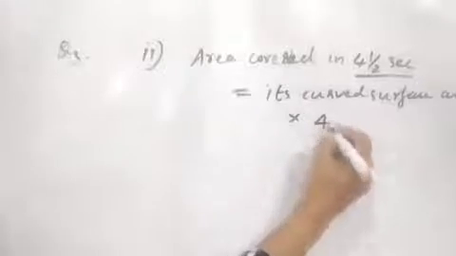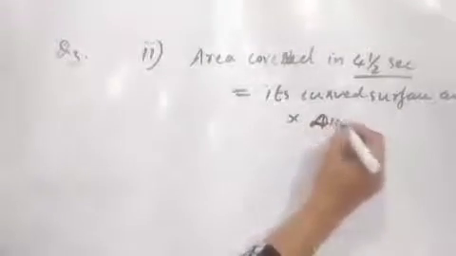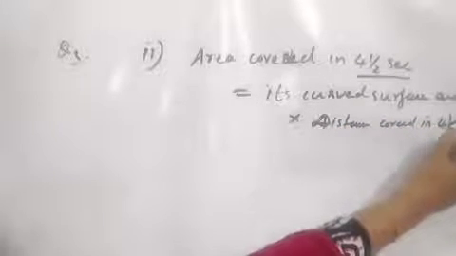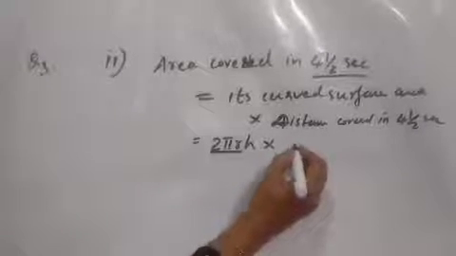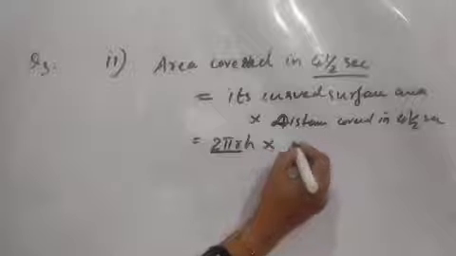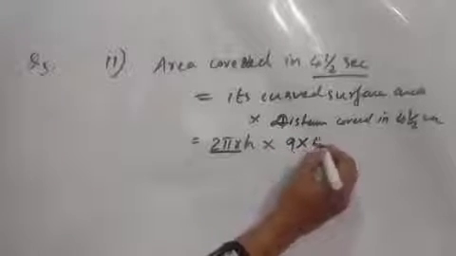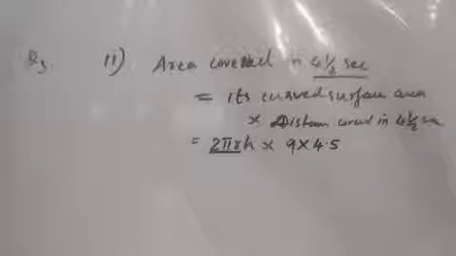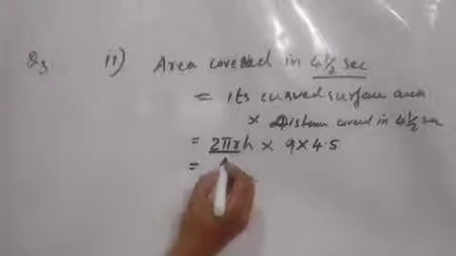That's equal to, its curved surface area is 2 pi rh into distance covered in 4.5 seconds. In 1 second 9 rounds, and in 4.5 seconds 9 into 4.5, that is 40.5. 2 pi r we already know, the curved surface area.